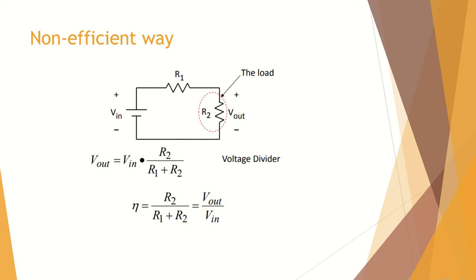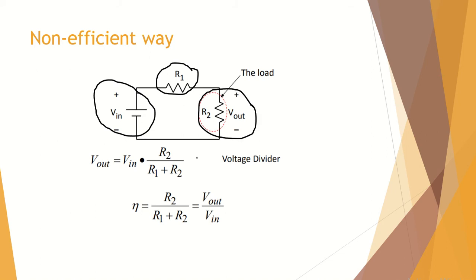If you remember from your electrical studies, there's a concept of voltage divider. You have a DC voltage, and when you connect two resistors in series like this, you can have an output voltage that is less than the input voltage.